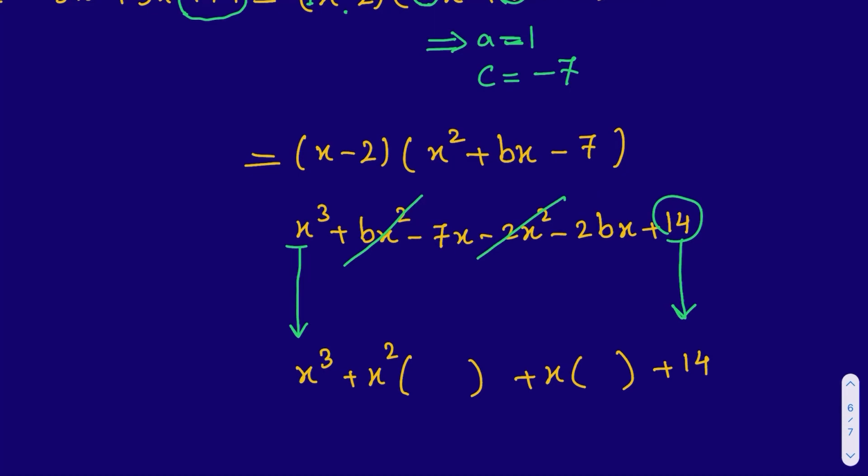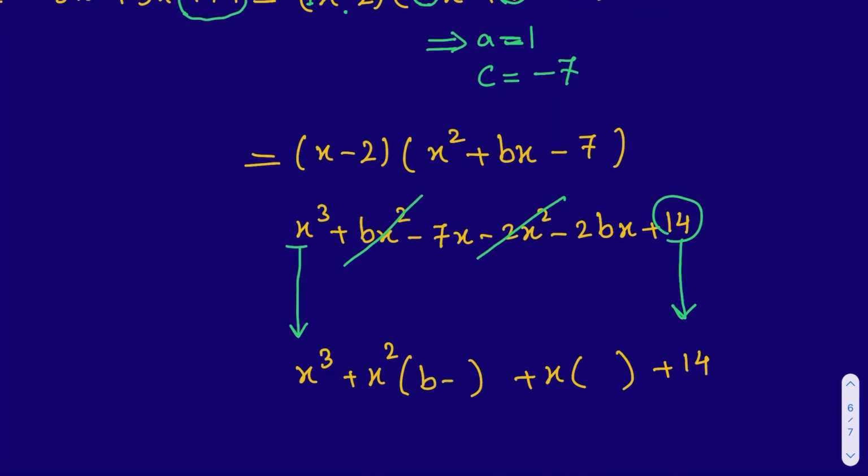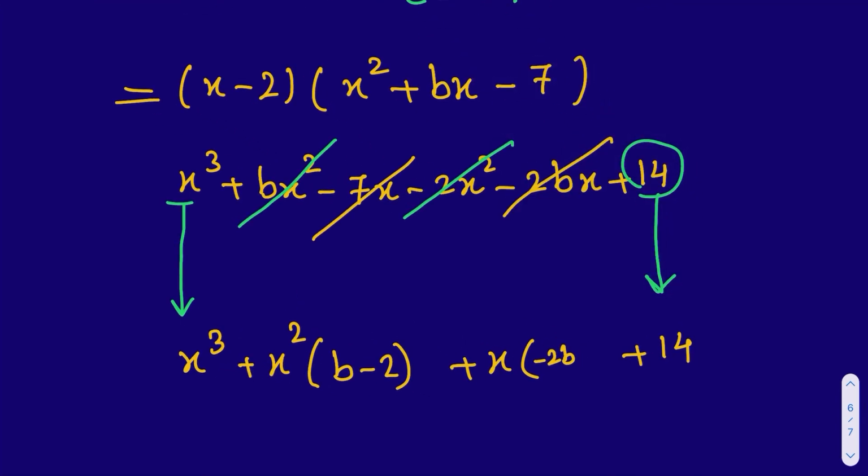X to the power of 2, we will see it will be b minus 2. They are the coefficients of x to the power of 2. And also for x, if we factorize, that will be minus 2b minus 7. So let me write it in this way, minus 7.